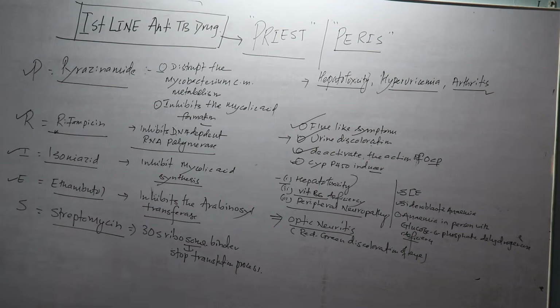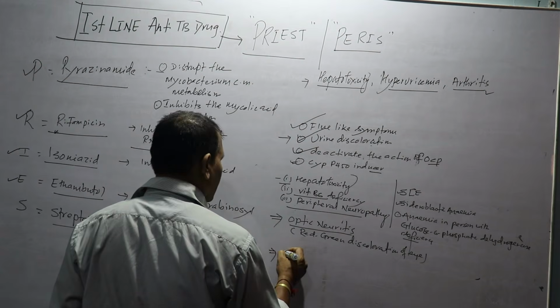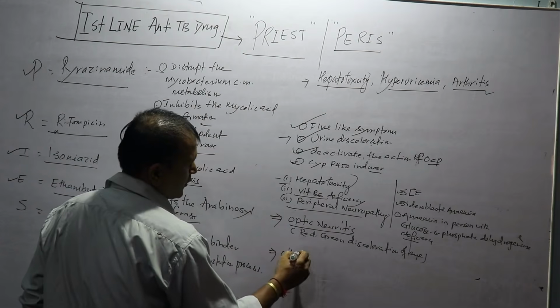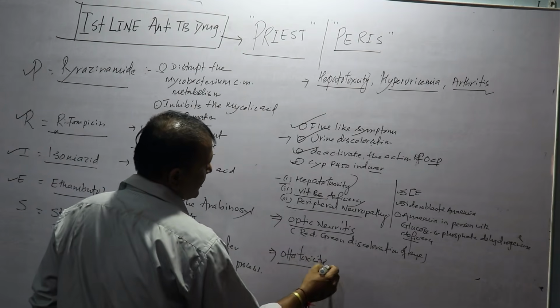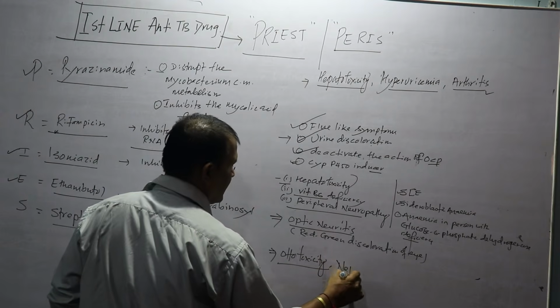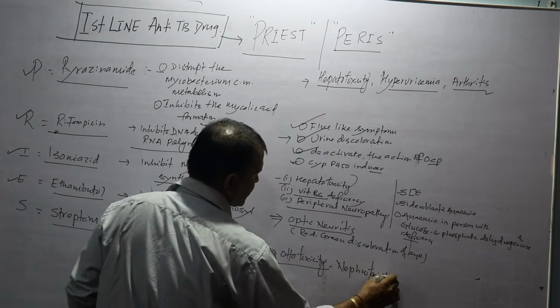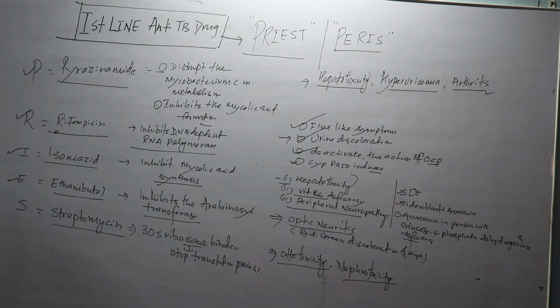What is the common side effect of streptomycin? It causes ototoxicity, which means ear problems, and nephrotoxicity.